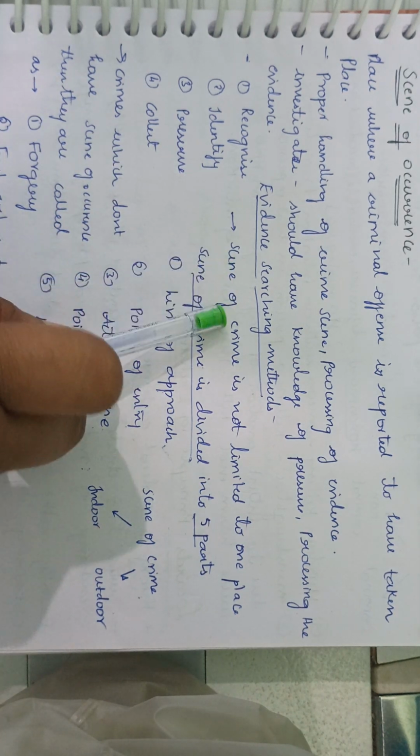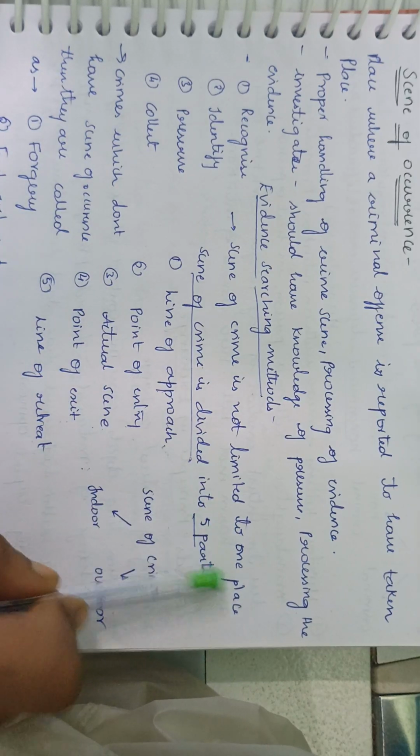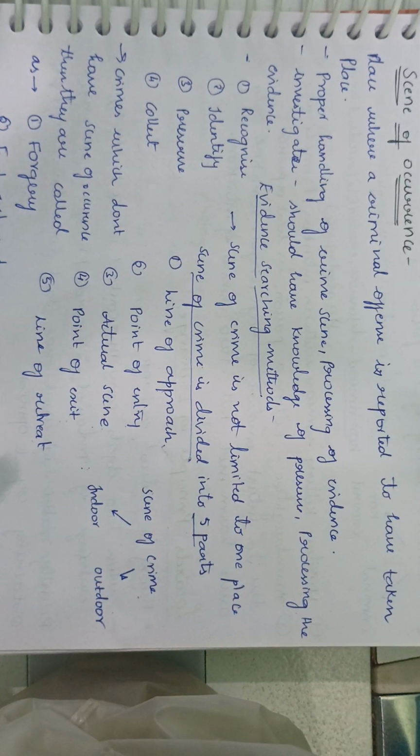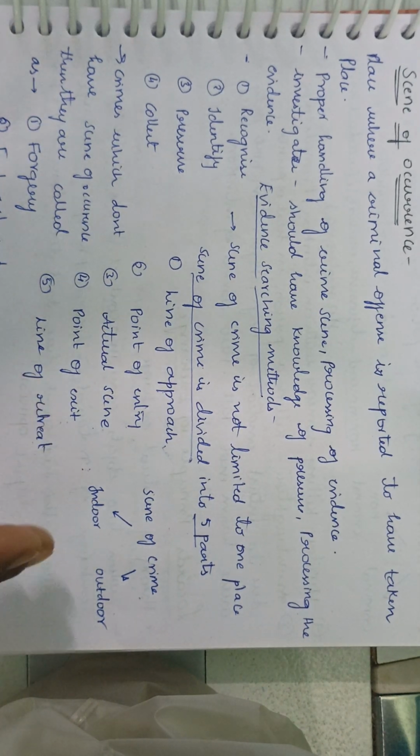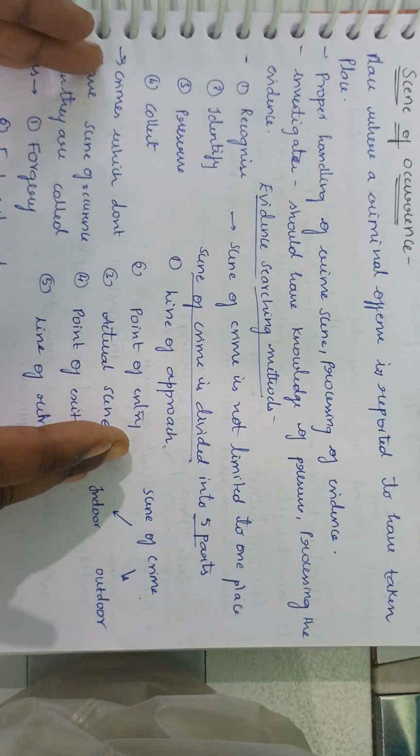And the scene of occurrence is not limited to one place, which means, let us take an example where you have come across a crime of murder and you have a dead body, but it's without any blood splatters around it. That means the scene of crime is not only that one place.